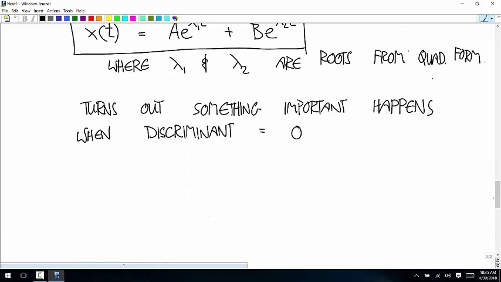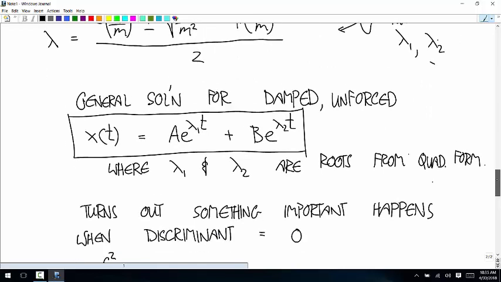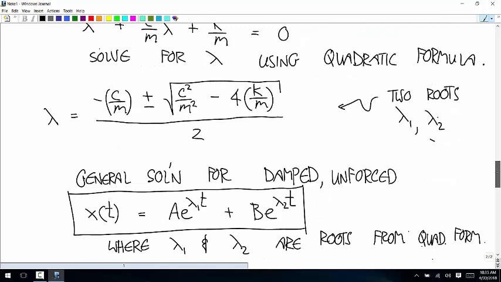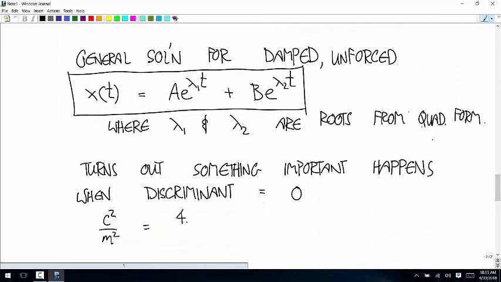So that's when c squared over m squared is equal to 4k over m.